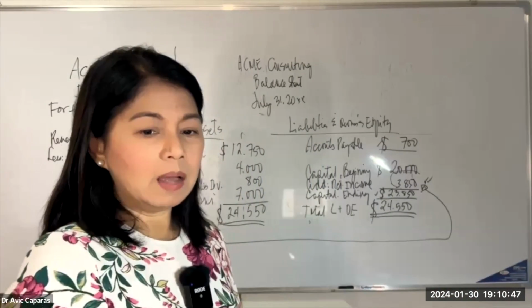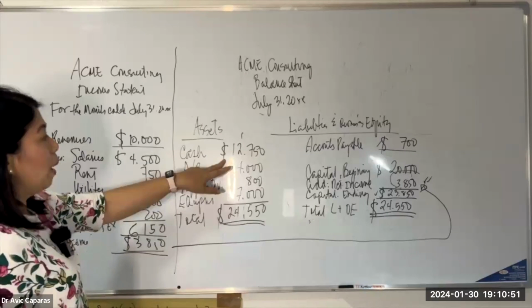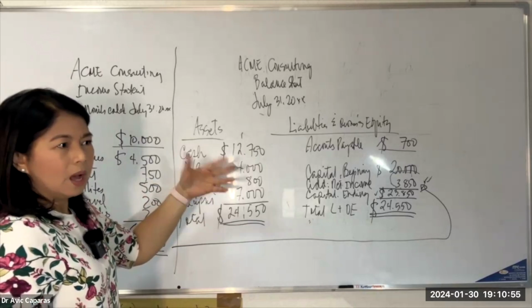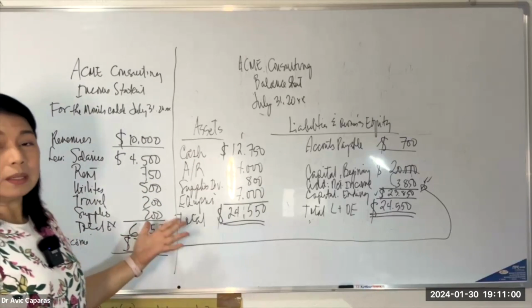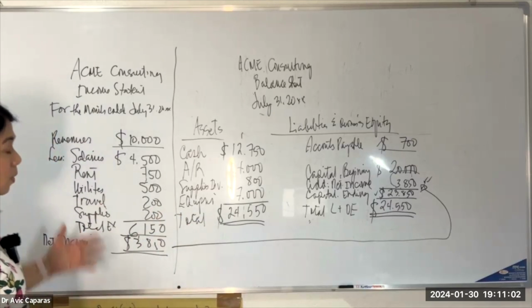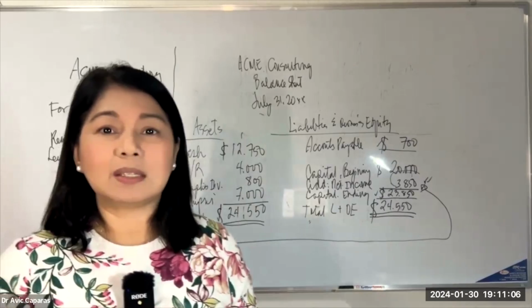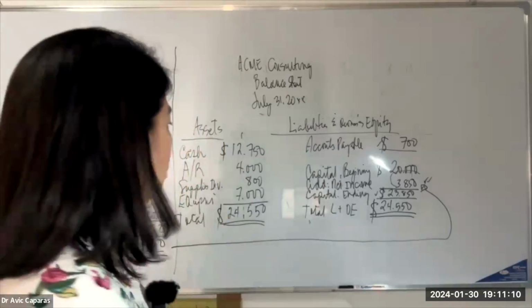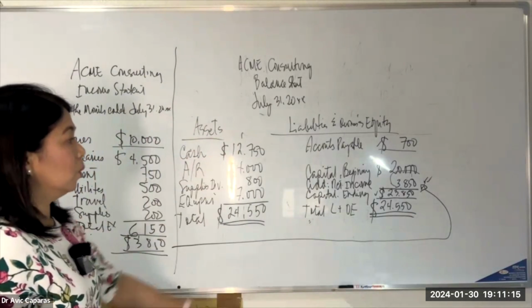We have the total cash of 12,750, but if somebody does not know accounting, they would say, how come I have cash of 12,000 and yet my income is only 3,850? Because what affects cash is not just the revenues and expenses. It would also be the investment by the owner.